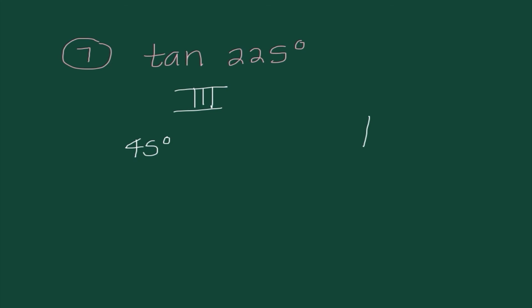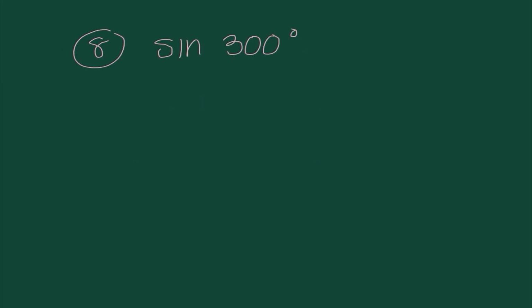And I need to think, in quadrant 3, should this tangent value be positive or negative? So I'm thinking all students take. Quadrant 3 is take, so that means tangent is positive. So my answer would just be 1. So as we can see, this is a much quicker way to go about doing it, but it really relies on the fact that I have all of these 9 trig functions actually memorized.